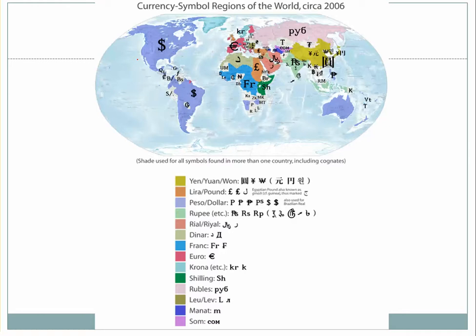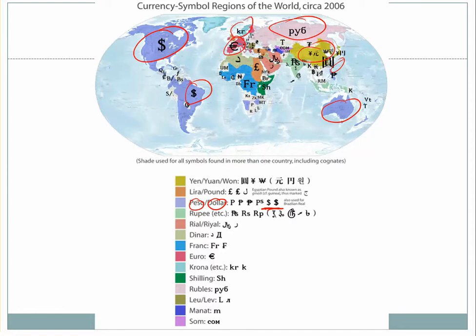Let's take another look at a map. These are the major currencies in the world and their currency symbols. Notice that dollars and a lot of pesos use what we call a dollar sign. So here's the US dollar, Brazilian real, Aussie dollar, another dollar currency, Russian ruble, Chinese yuan, Japanese yen, the euro.